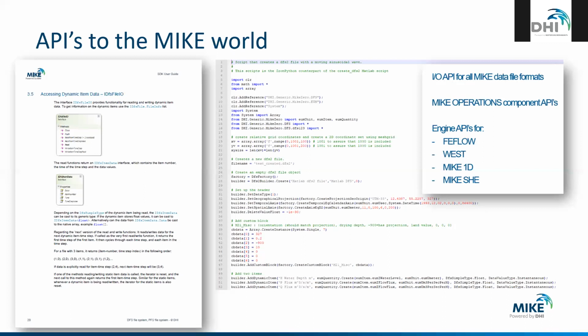But if you're building a product or a service that's using the MIKE engines or the MIKE data file formats, and you're providing that to third parties, then we have an OEM partner program that you can join and negotiate with DHI a license agreement whereby you can use these APIs within your system and access, for example, the MIKE computational engines as part of your solution that you're delivering.